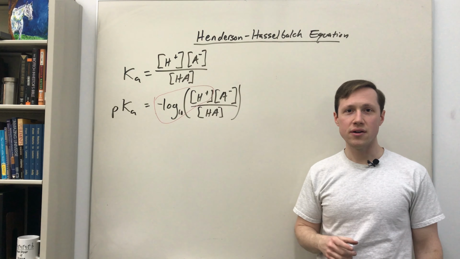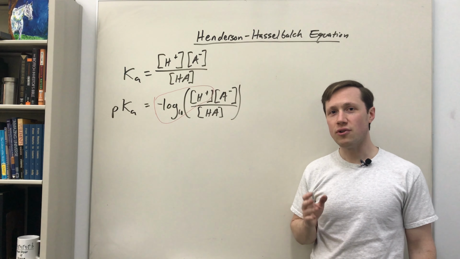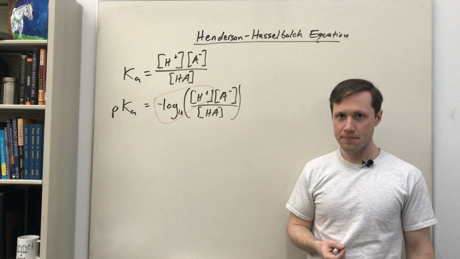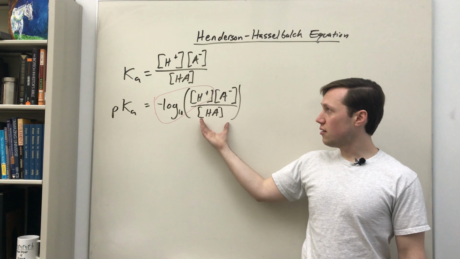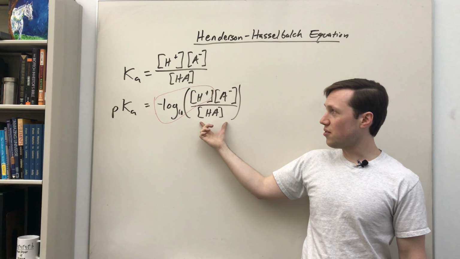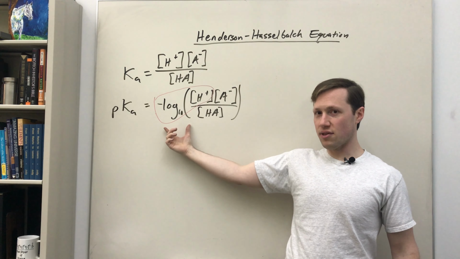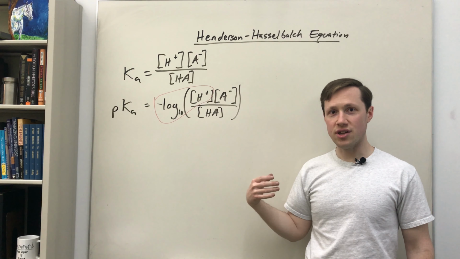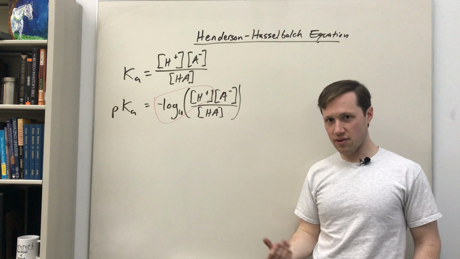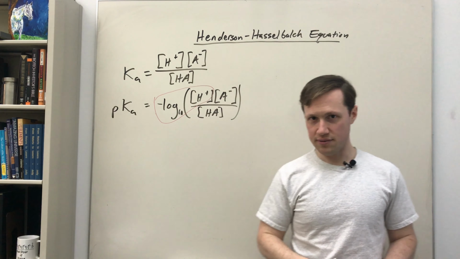To pull this apart, it's important to remember one of the useful properties of logarithms. That property says that things that are multiplied inside a logarithm can be separated as the addition of two separate logarithms. Let me demonstrate.